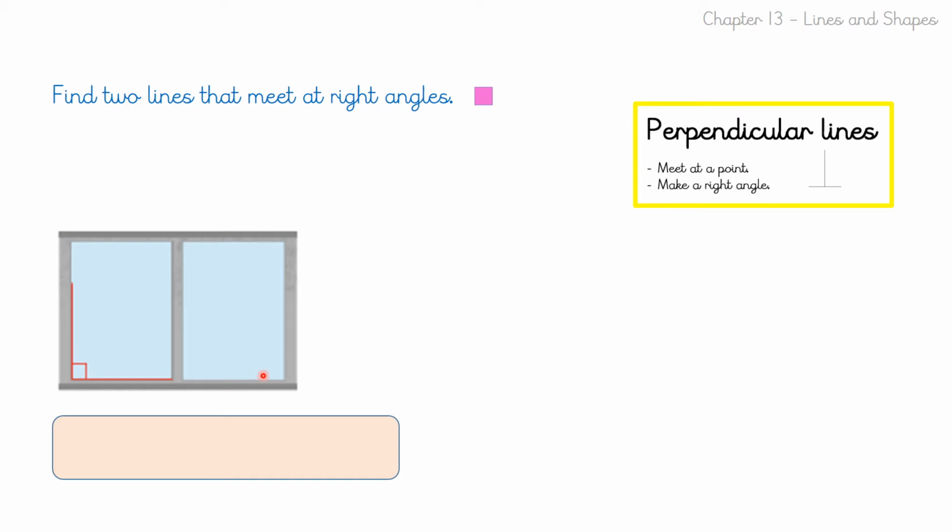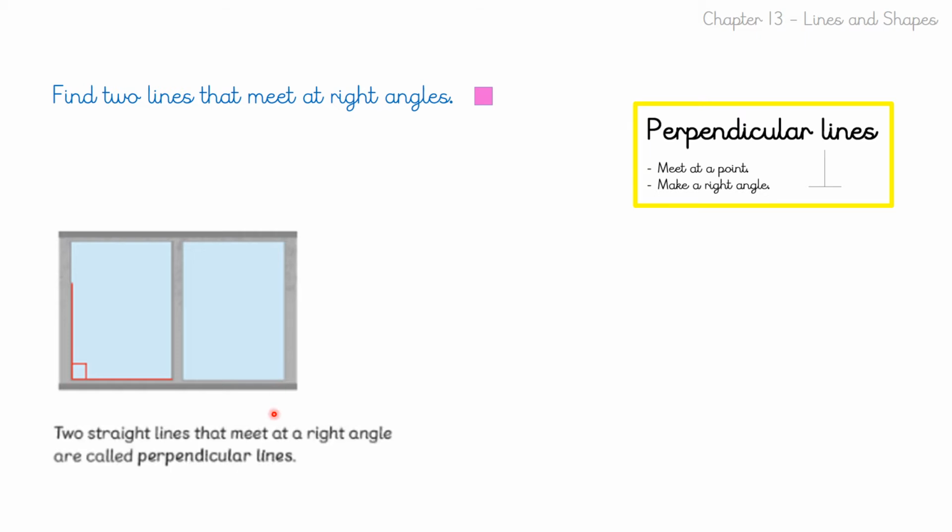So what two lines meet at a point in order to make this right angle? So we got one line here, 1, that meets at a point with this line going up here and form a right angle. And these lines are called, yay, they're called perpendicular lines.